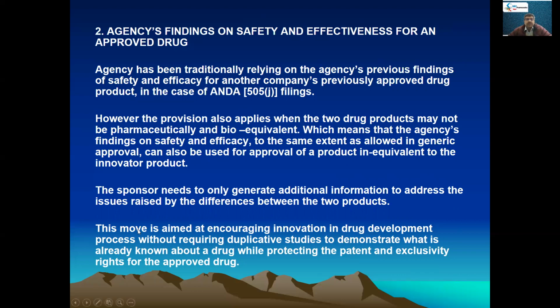This move by the US FDA is aimed at encouraging innovation in drug development without requiring duplicative studies to demonstrate what is already known about a drug, while protecting the patent and exclusivity rights for the approved drug product.